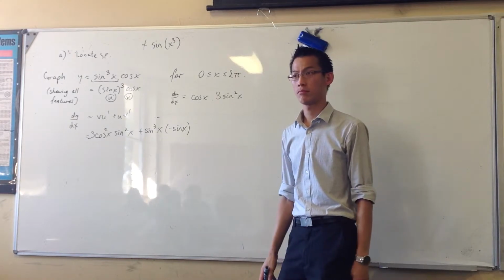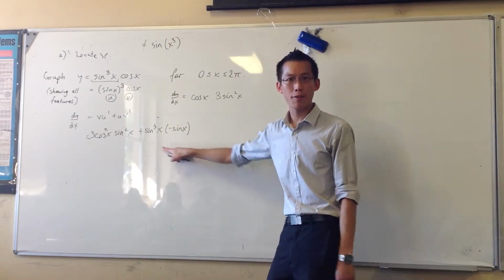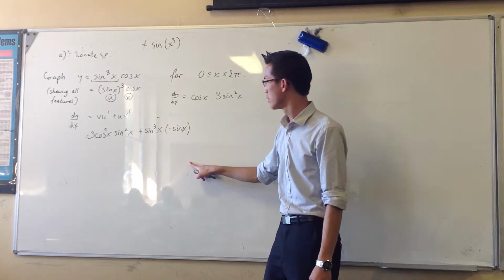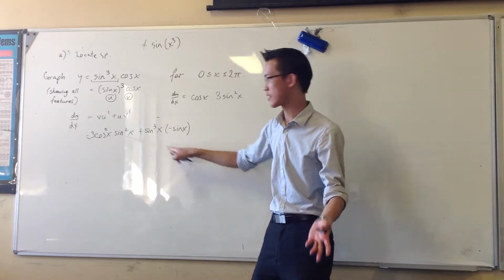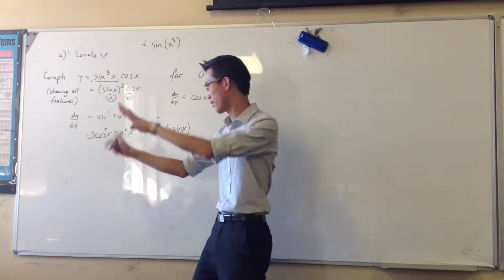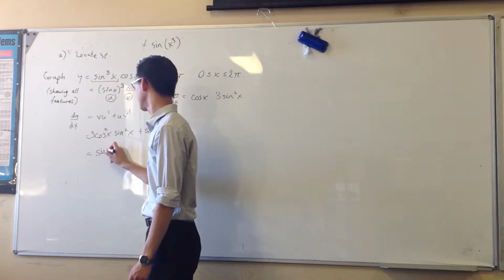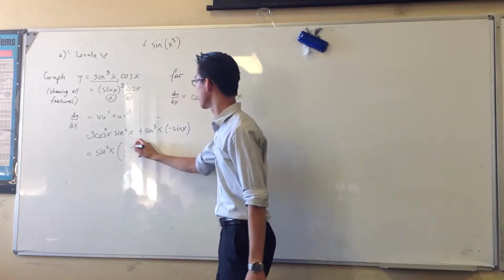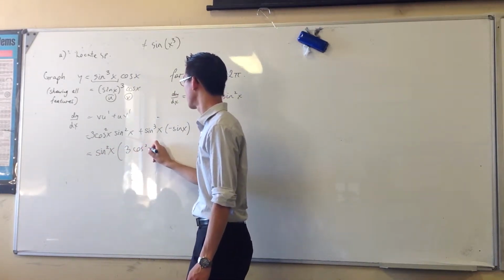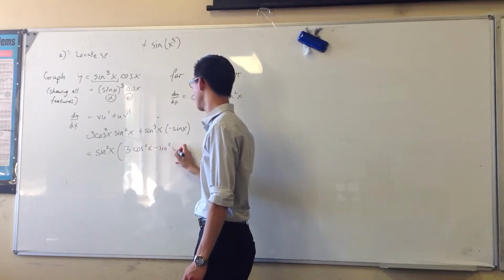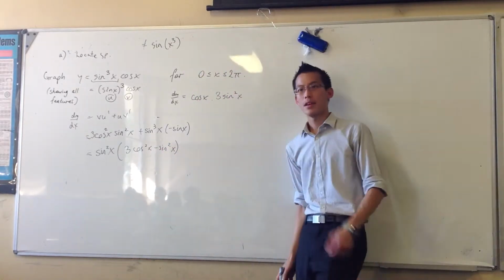Okay. Happy? So you've got sine to the 4 here, sine to the 4. I can take that out as a common factor, because there's sine squared here, so I can take that out the front. Okay, now there's your derivative.